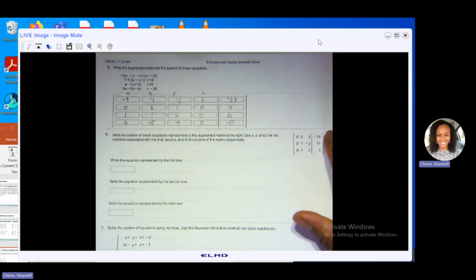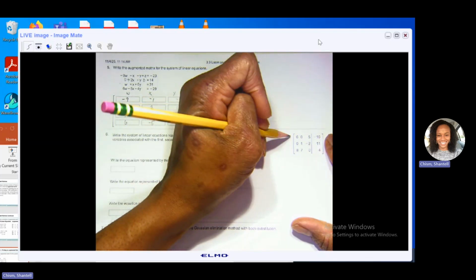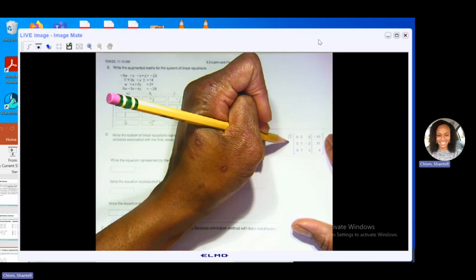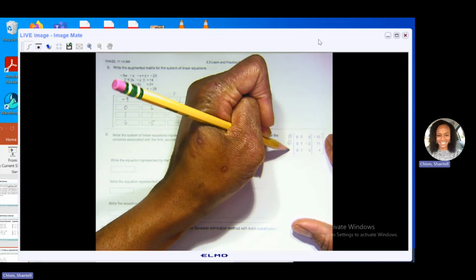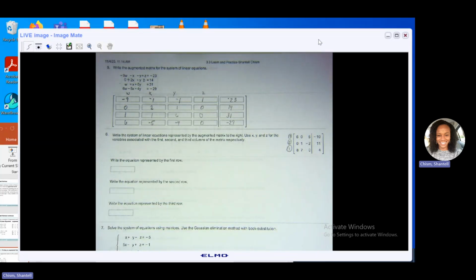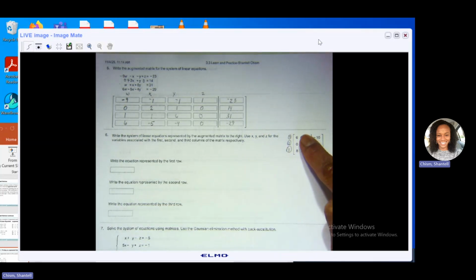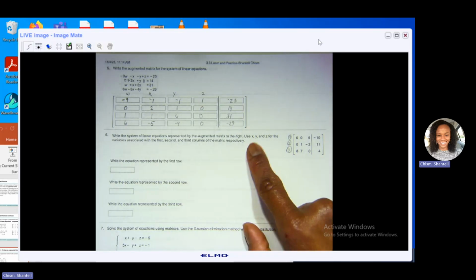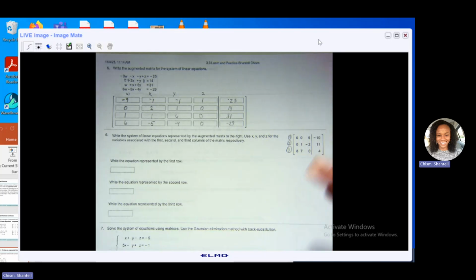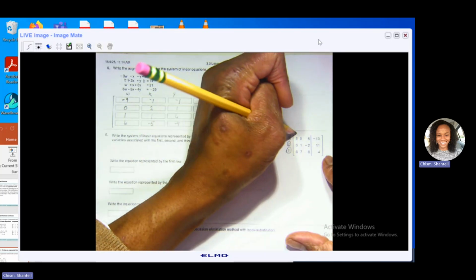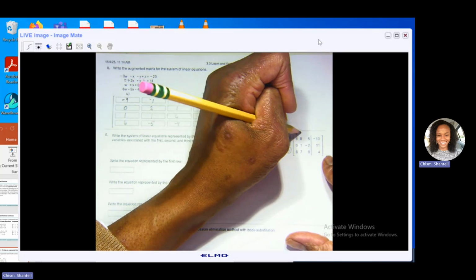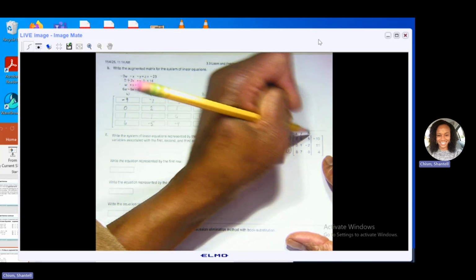So I'm going to call this equation 1, equation 2, equation 3. When you're taking the system, keep in mind the values to the left of the bar represent your coefficients, and your variables. We're told to use X, Y, and Z. Your variables are in alphabetical order. So X coefficients, Y coefficients, Z coefficients, and then here you have your constants.